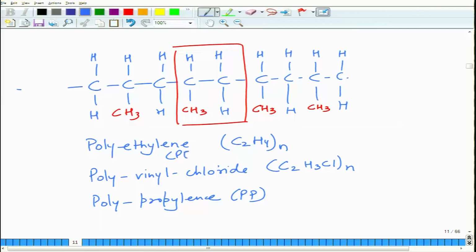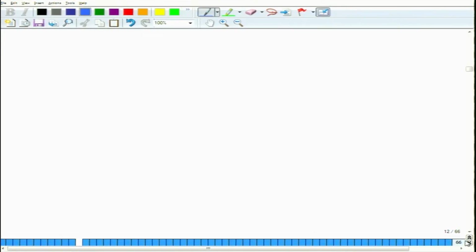This is known as PE. This is known as PVC. PVC pipes are so common, right? So, this is C2H3 CH3 n, basically C3H6. So, this is how you can tweak the structure of polymer, and this has a profound impact on the type of polymers that we have.